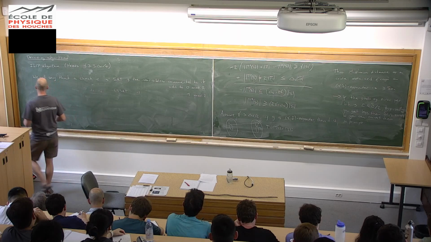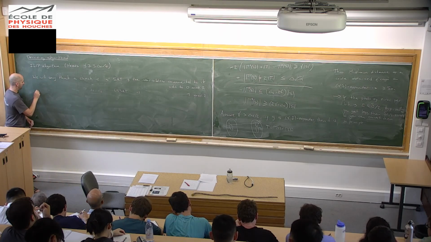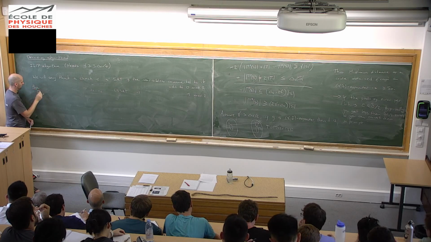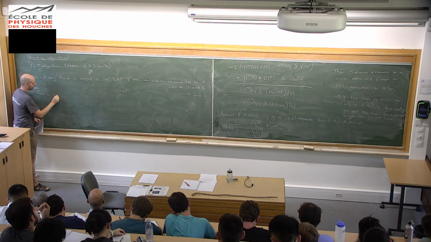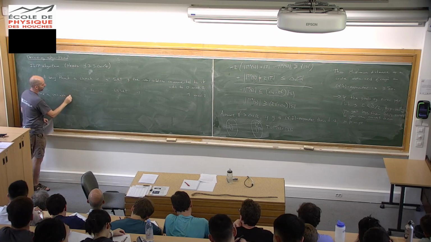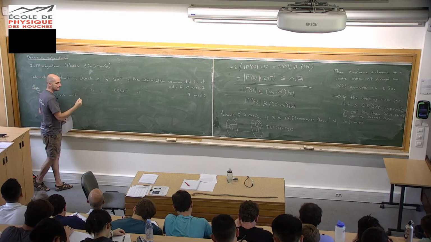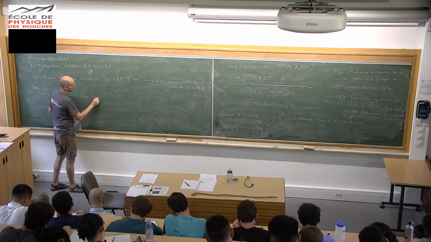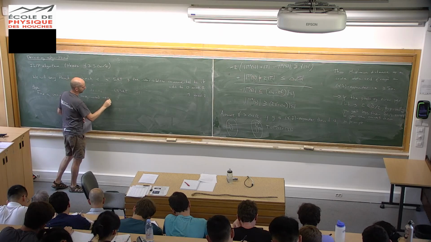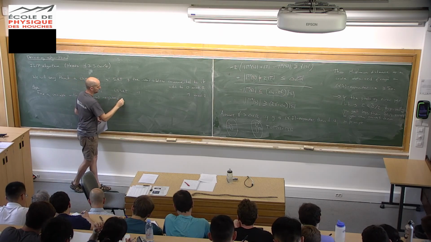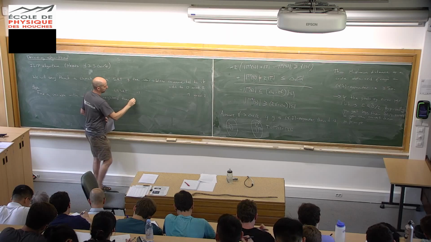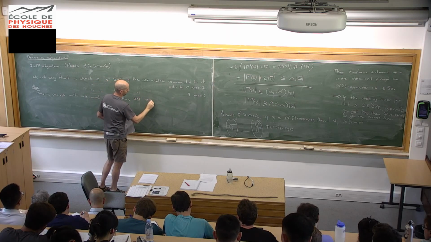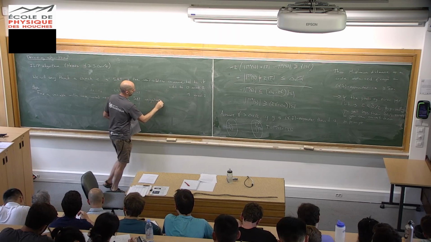So here's the algorithm. Step 1: find a variable with more unsat neighbors than sat neighbors, and flip it.